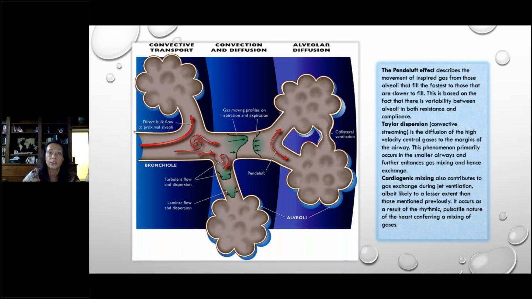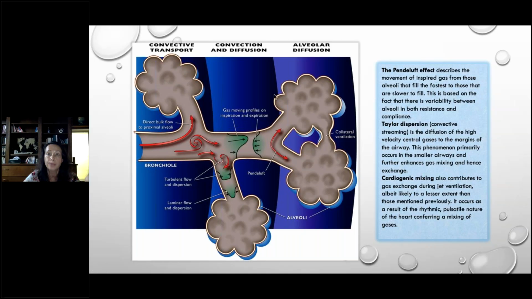And this is how the gas exchange happens during the jet ventilation. Initially, the turbulent flow just pushes the oxygen in, and the existing gases around it, to the proximal areas of the airway. Then the turbulent flow changes into a laminar flow, and the Taylor dispersion helps the high velocity central gases to the margins of the airway.